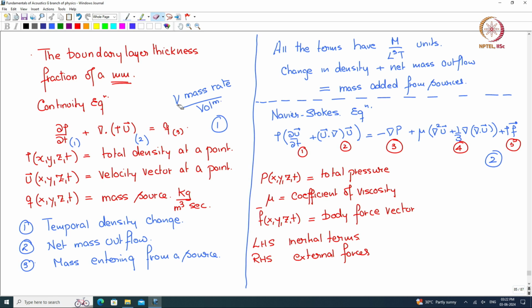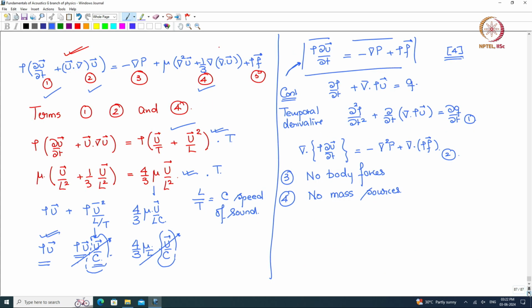Now here this has become the rate of change of that, a further derivative of that. So that is how this term will enter. The mass rate Q already has mass rate, and now you have a further derivative of that. So the rate of change of the mass rate is going to be entering the acoustic wave equation.